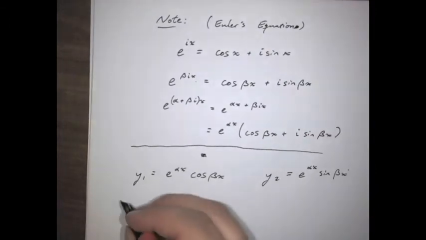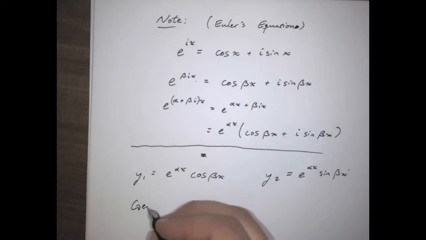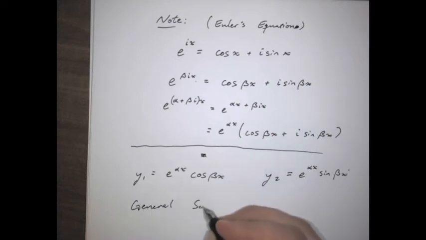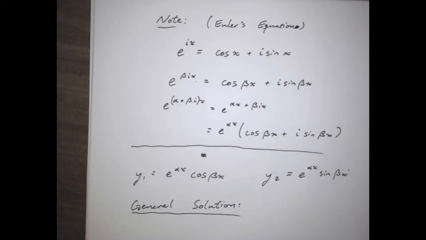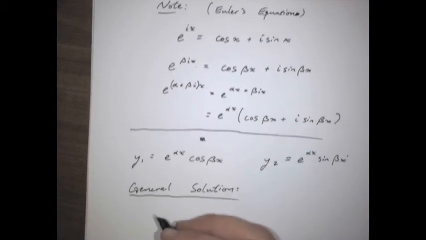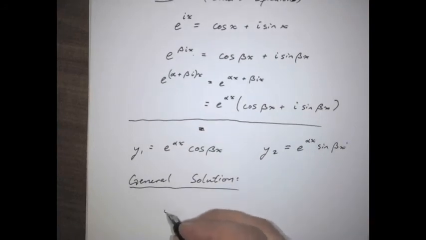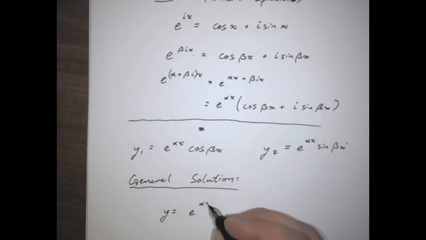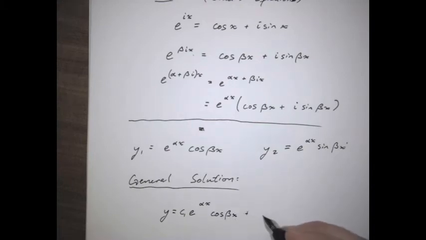And then we can make the general solution y equal to c1 e to the alpha x cosine beta x plus c2 e to the alpha x sine beta x.